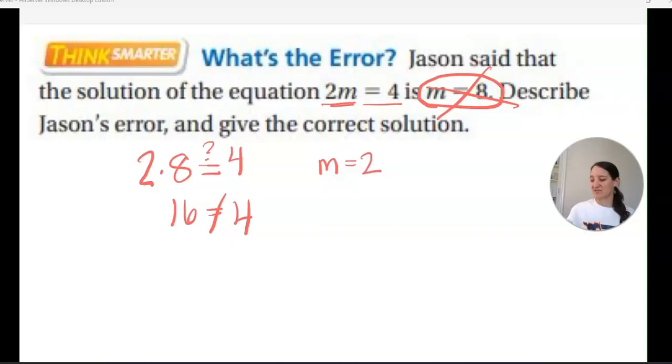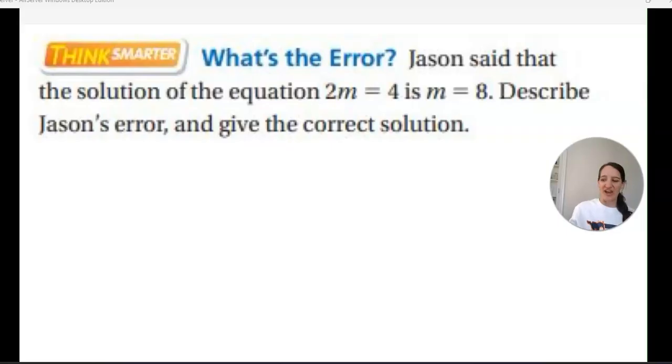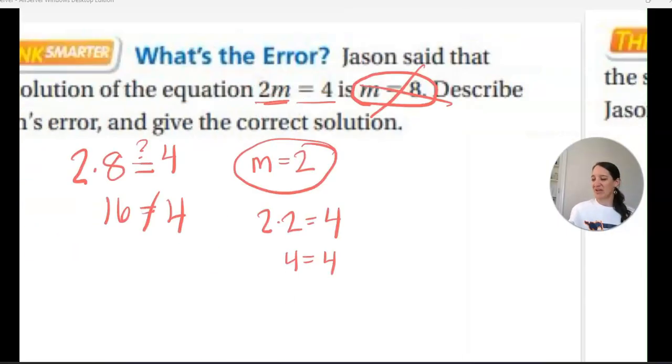How do I know that's the correct solution? Because when I plug it in, I end up with 4. 4 equals 4, so m has to equal 2. I'm not sure how Jason made that error, but it is not a correct solution, so Jason made an error. And we are done.